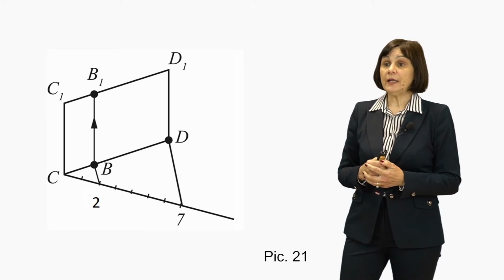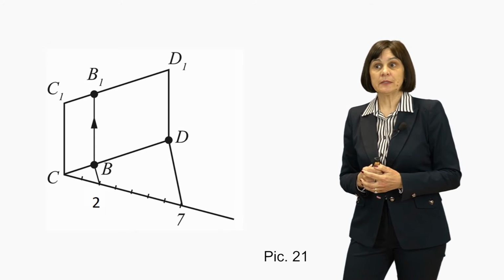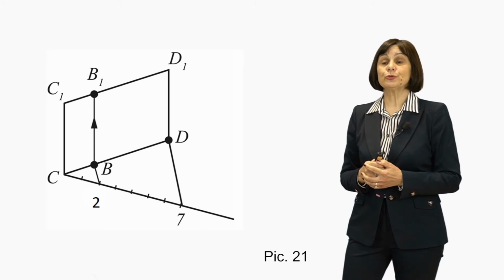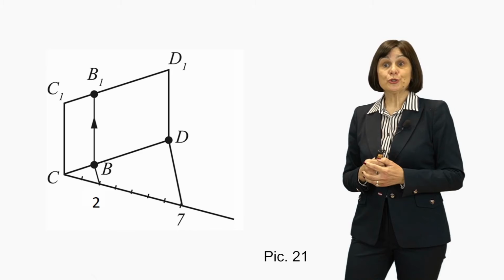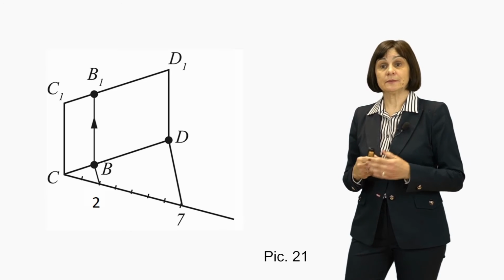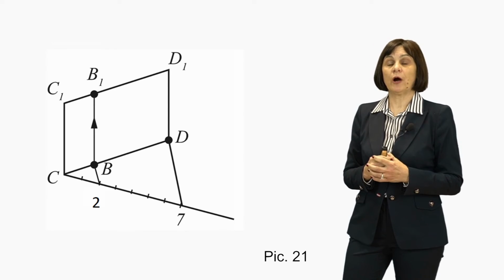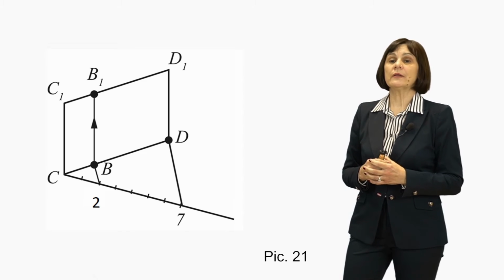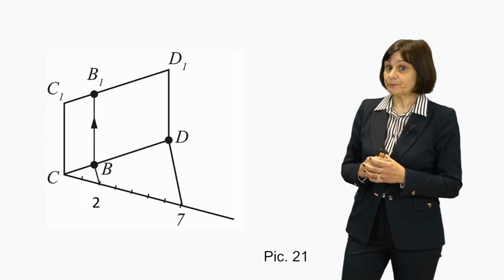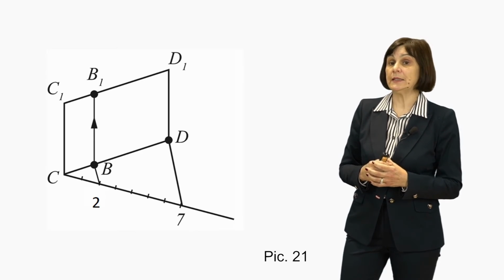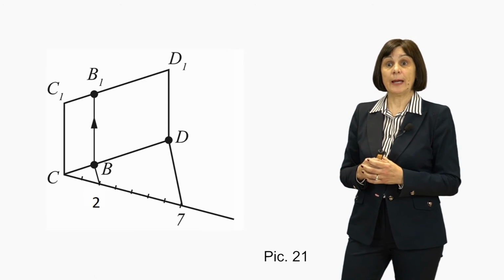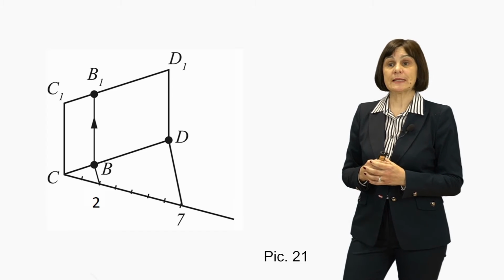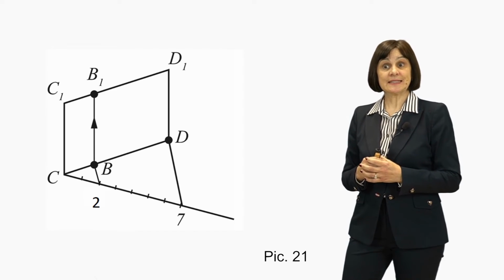Now, to divide our segment in the ratio 2 to 5, we need to connect point 2, the second segment of our new line, with the line CD, and we construct the line parallel to the segment D7.